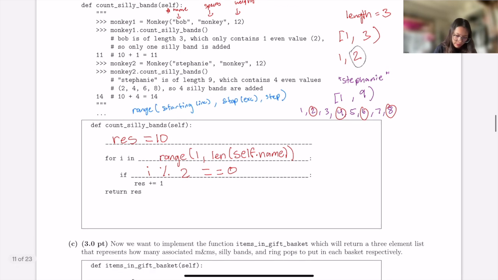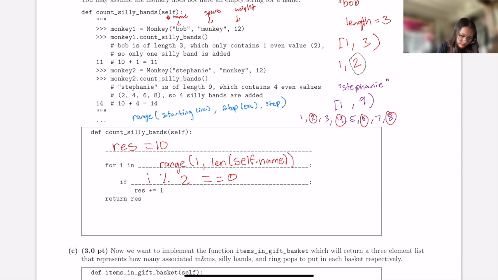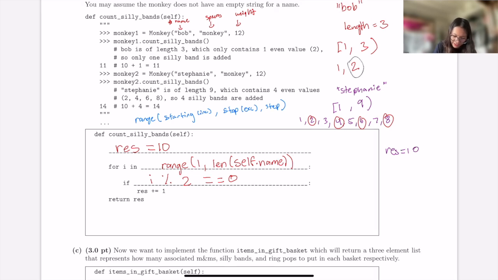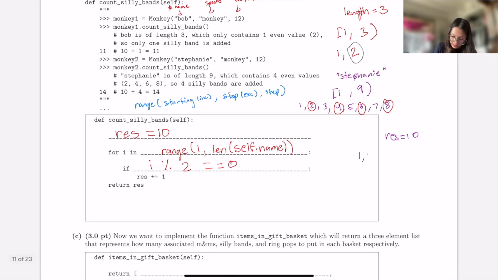So we can run through an example. Stephanie starts out with res equals 10, and for i in range 1 all the way to the length of self.name, which we said was 9. So 1, 2, 3, 4.